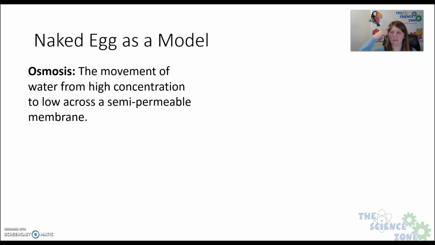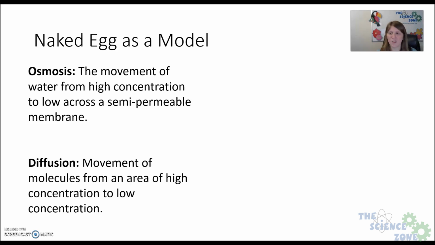So just remember that cell membrane. Okay. And recall that diffusion is going to be the movement of molecules from an area of high concentration to low concentration.